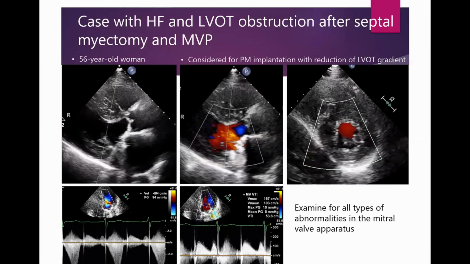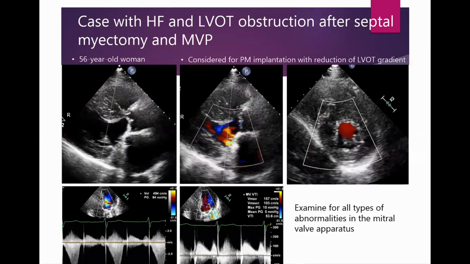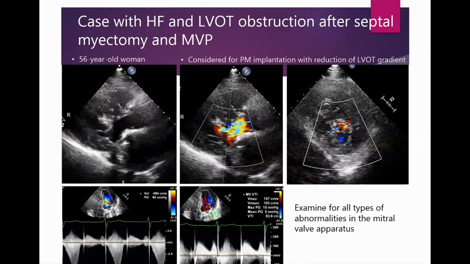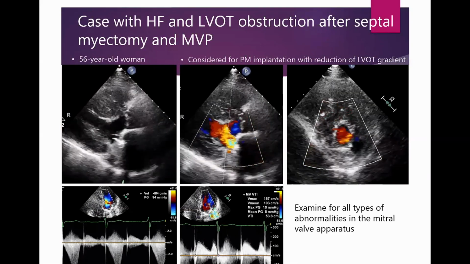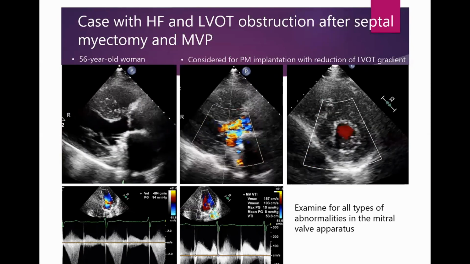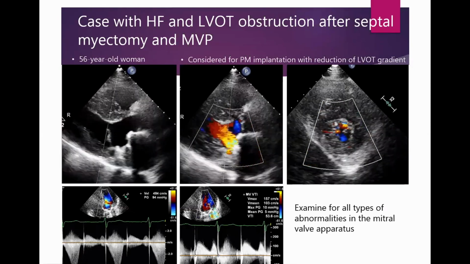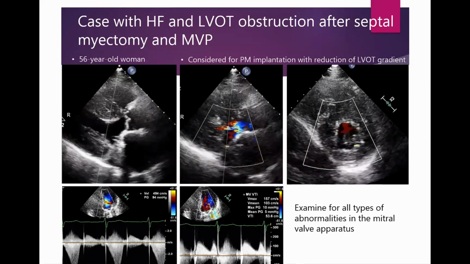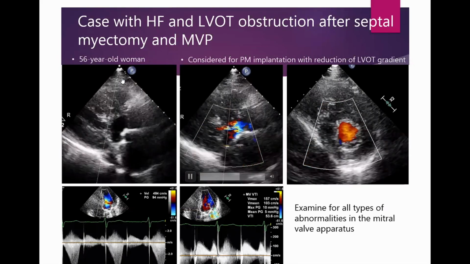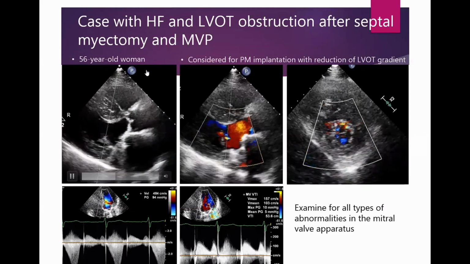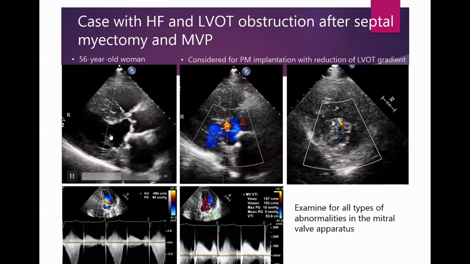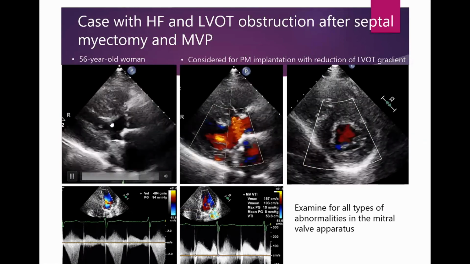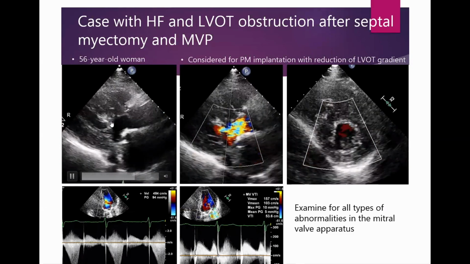And the last case, which I show here, is the case of a 56-year-old woman after septal myectomy and implantation of a mitral valve prosthesis. She has congestive heart failure, and what we can see on echo from the parasternal long axis view is a thickened and elongated cord with contact with the septum in systole.